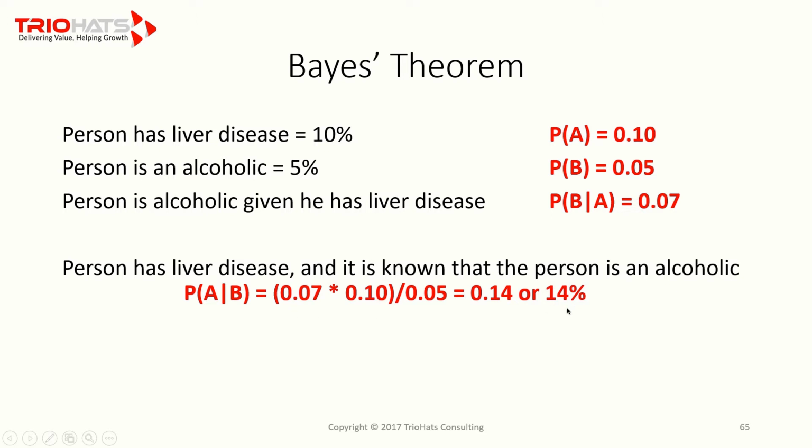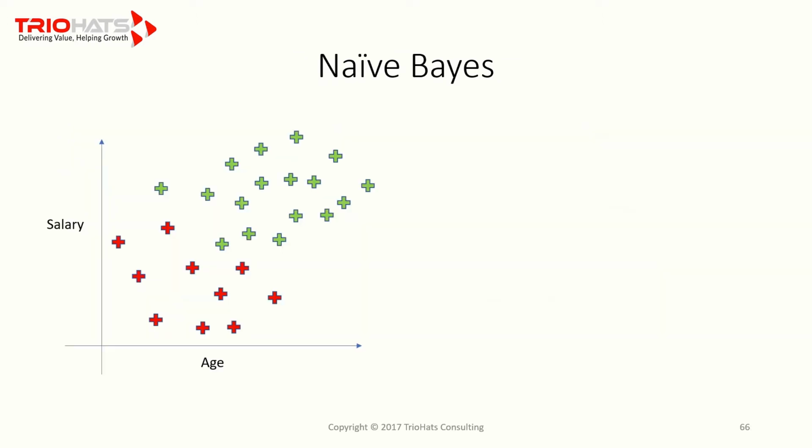So there is a 14% chance that the person, who is already an alcoholic, has a liver disease. So this is a small example of Bayes theorem, and this is what naive Bayes is based on.